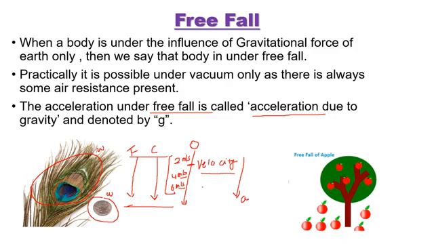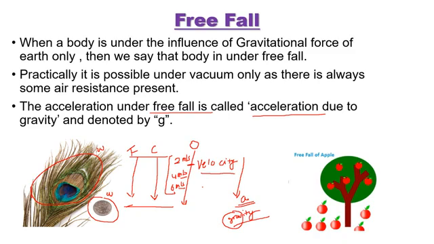The acceleration is due to the force of gravity, due to the gravity of earth, isn't it? Because this is due to the gravitational force of earth, we say that this acceleration can also be named the acceleration due to gravity, right?